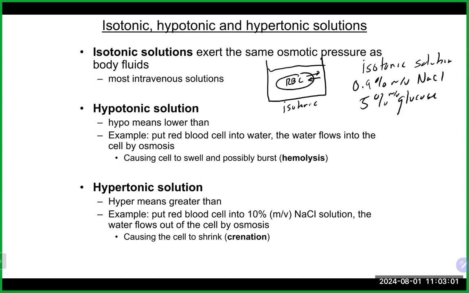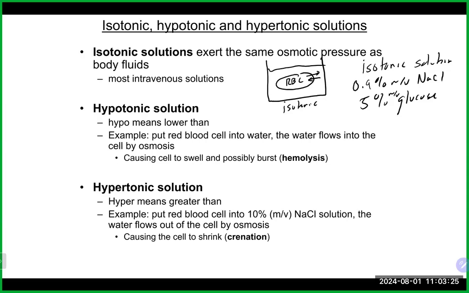So if you have a solution that's greater than 5%, or less than 5% glucose, it is not an isotonic solution. And if you have a solution that's greater than 0.9% sodium chloride or less than 0.9% sodium chloride, it is not an isotonic solution. It doesn't necessarily always have to be sodium chloride, but that's a very common one that's used. Again, it could be an ionic compound.